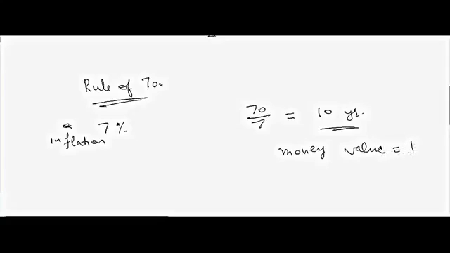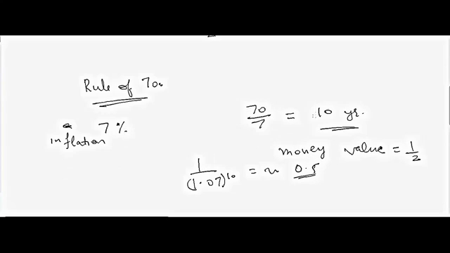You can do this in an accurate way by calculating 1.07 raised to the power 10, and that will be approximately equal to 0.5. So it takes around 10 years, if the inflation is 7%, for money to be half.